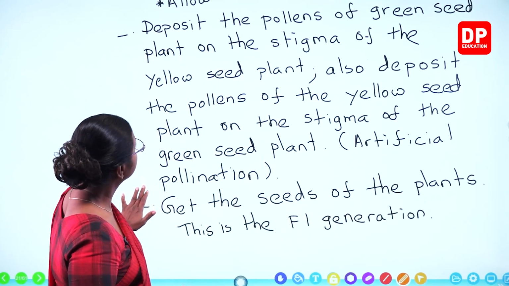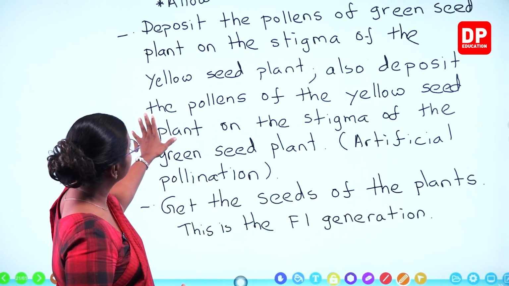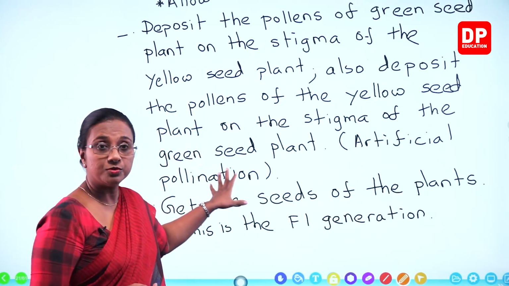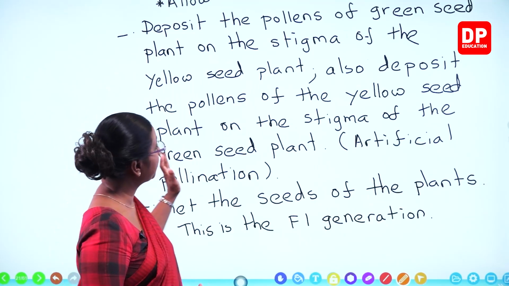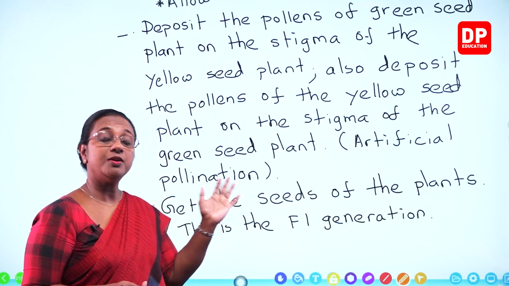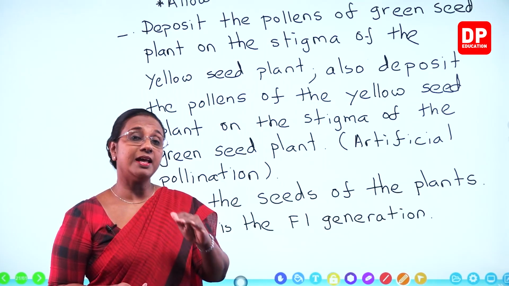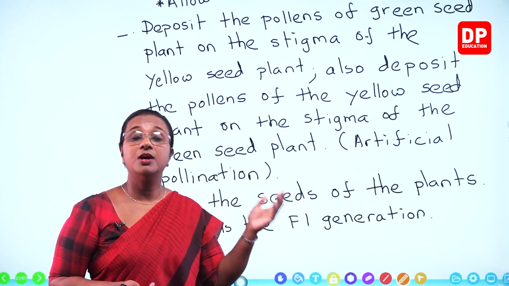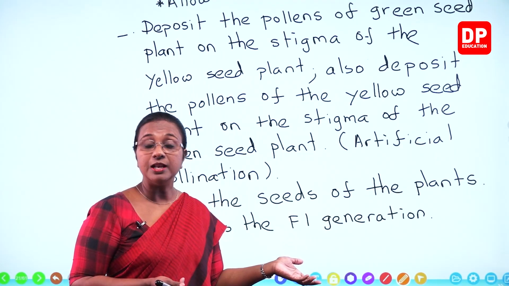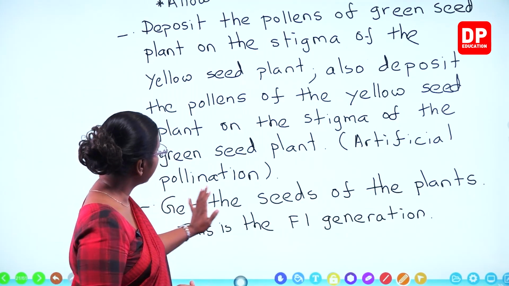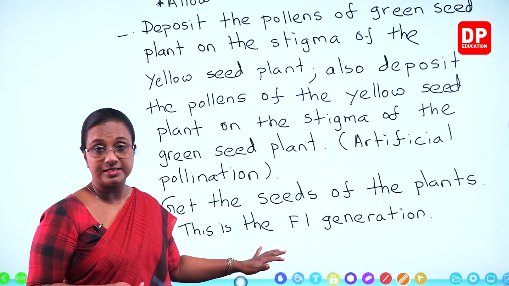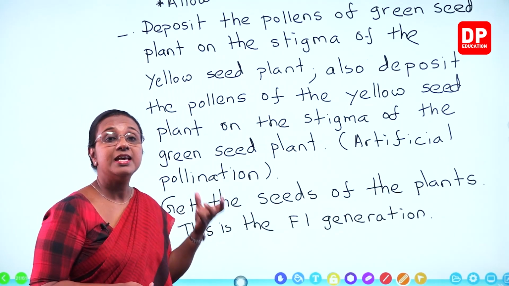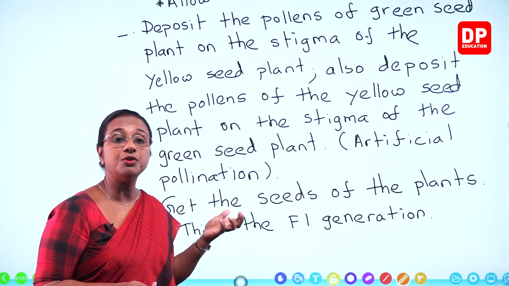Now we have the first generation. You had the parents, you allow them to cross-pollinate by depositing the pollens of yellow seed plant on the stigma of the green seed plant and the pollens from the green seed plant on the stigma of the yellow seed plant. Then you allow them to produce the seeds and you look at the seeds. So those are the seeds that we need to observe.